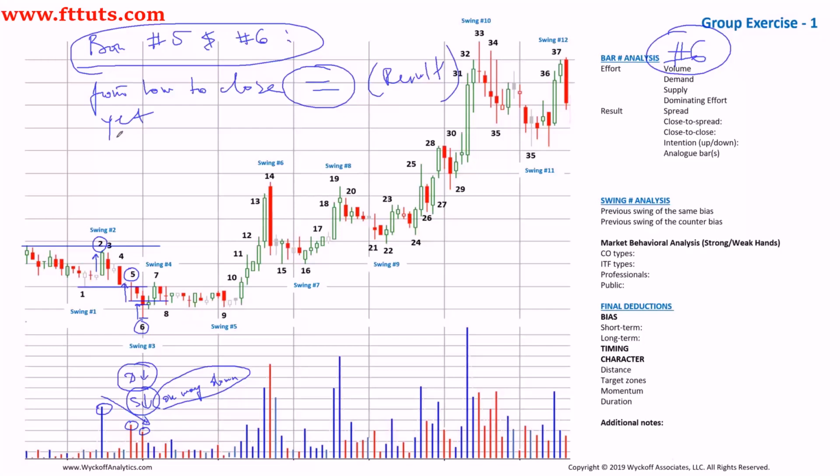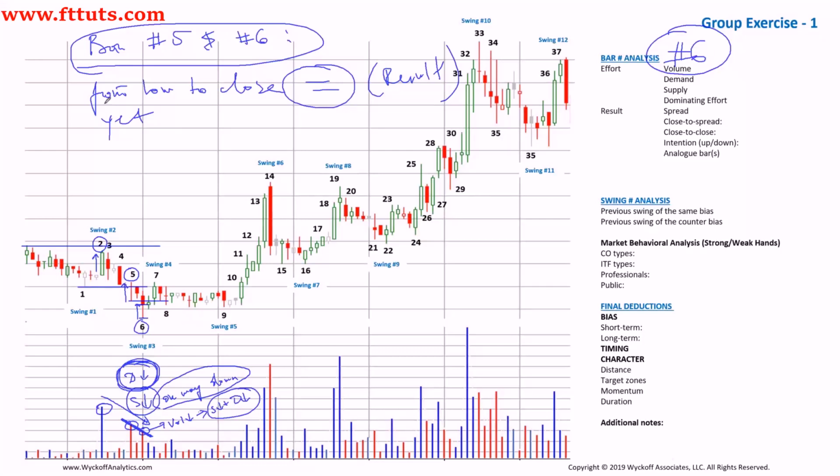And yet, what do we see on the effort of the demand? We're seeing that the demand has diminished from bar number 5 to number 6, right? Do we see that, guys? We're looking at the volume signature and we see that the volume is going down. So that suggests that both supply and demand are diminishing at the same time. Supply is still somewhat dominant, but demand is going down as well, and supply is going down.